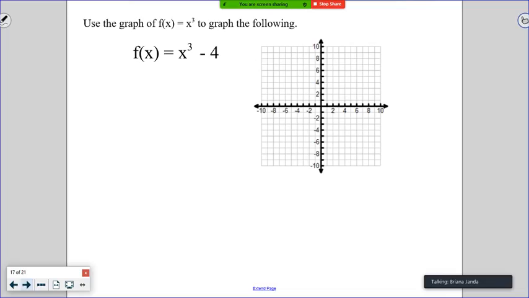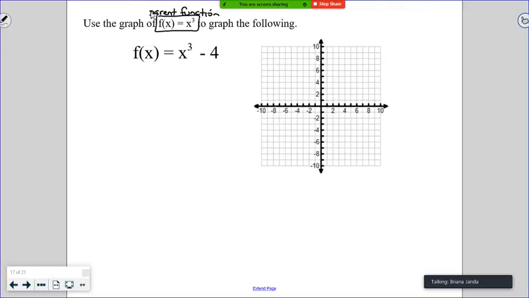Okay, please understand how we attack transformations. People get ahead of themselves. Let's look at the question. We only have 2 of these today, by the way, for your note-taking purposes, this and one other variety. It says, use the graph of, and it gives you the parent function. That's what they are going to identify in the directions here. Use the graph of the parent function to graph the following.